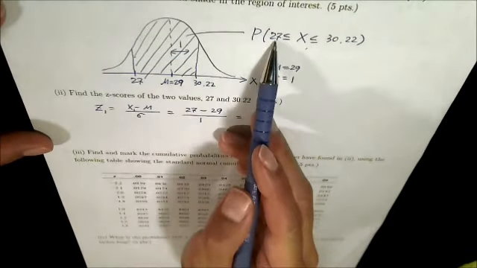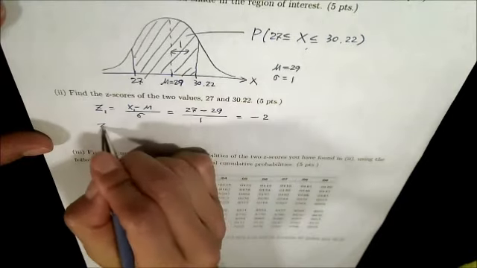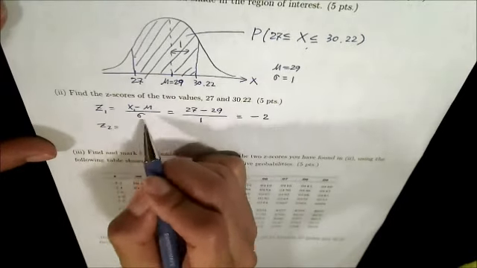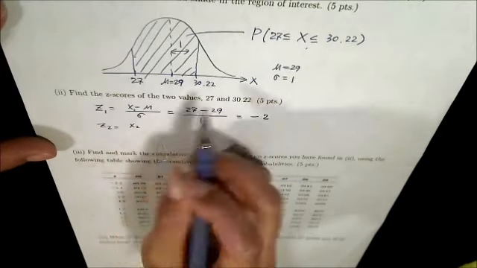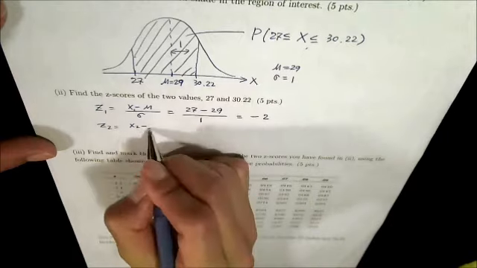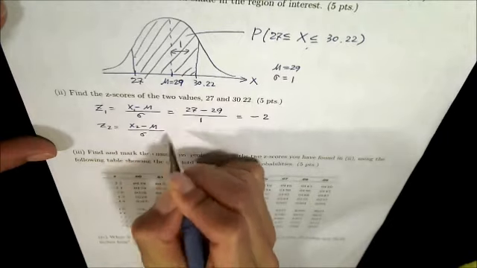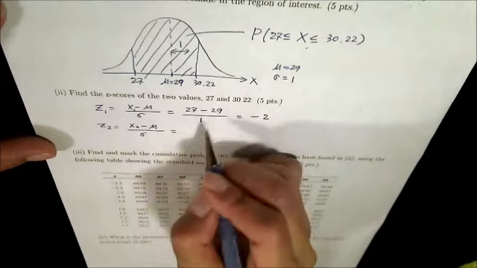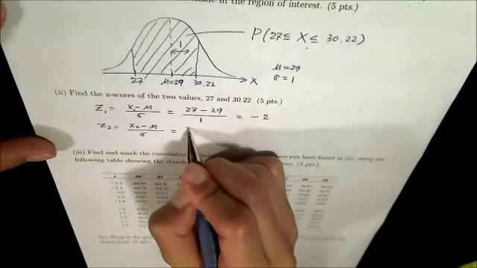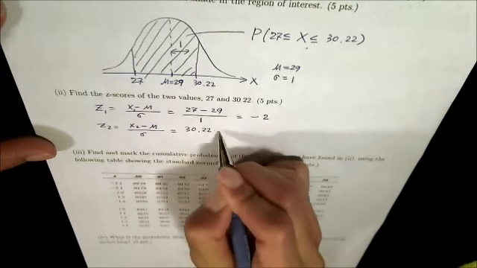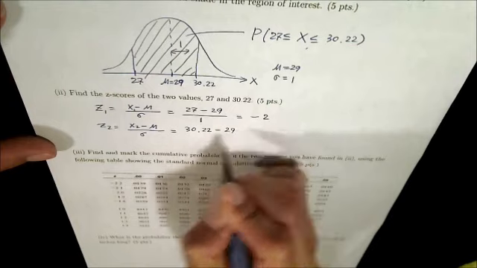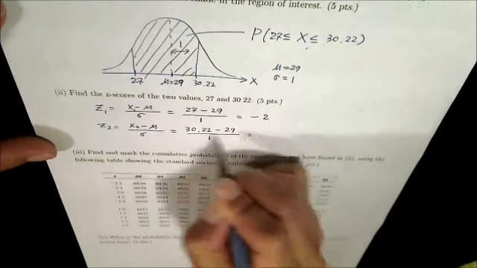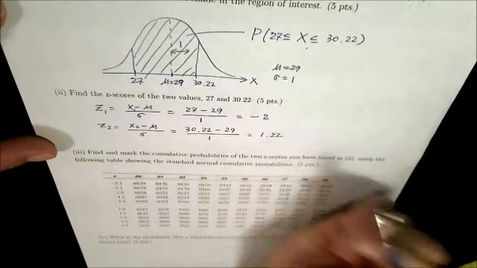For the second x value, 30.22 minus mean 29 divided by 1 is 1.22.